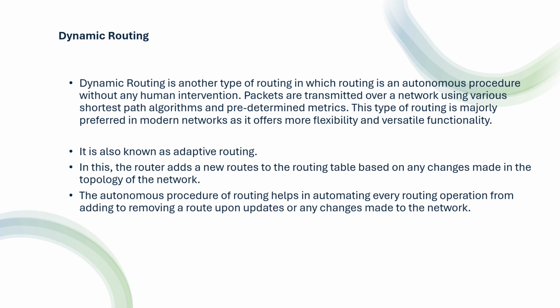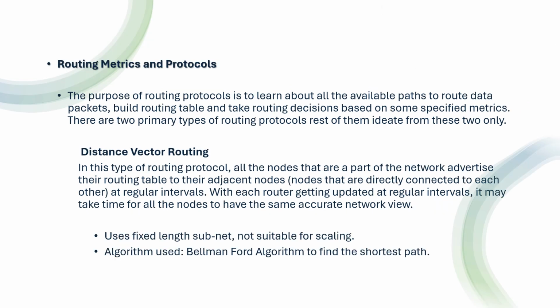Basically, in this type of routing, the routers between source and destination decide by themselves which path they will select. There is no human intervention. So a routing protocol is used to learn about all the available paths to route data packets. The first one is distance vector routing.